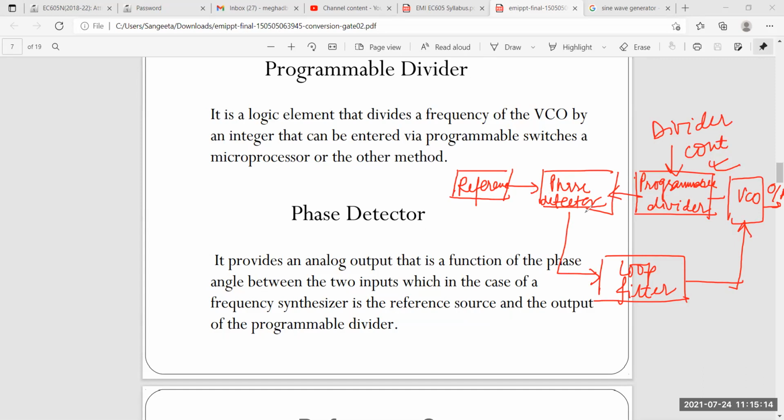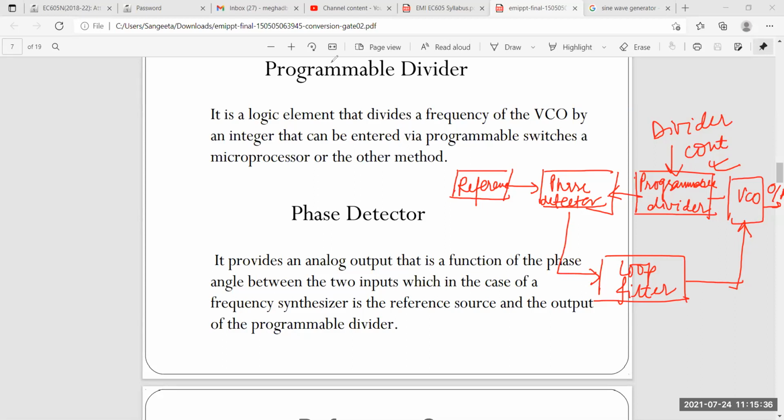So it will provide an analog output that is a function of the phase angle between the two inputs, the reference source and the output of the programmable divider. These two are the inputs of the phase detector.